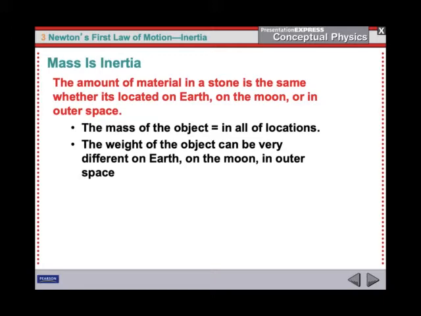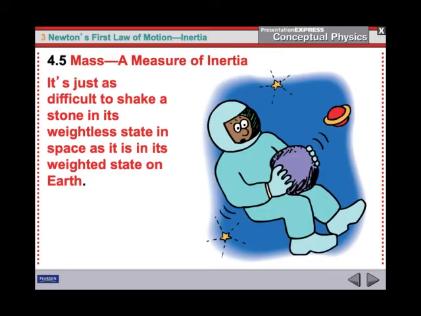Weight, however, is another story. It can vary in different places on the Earth. It's going to be much less on the moon or in other places in outer space because it's the measure of the pull of gravity on something. Here's an interesting thing to think about.